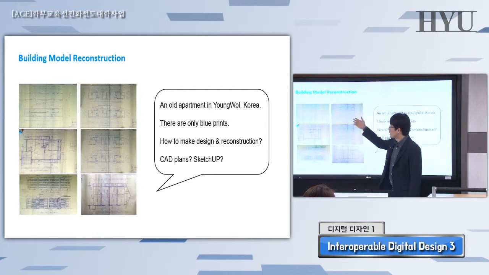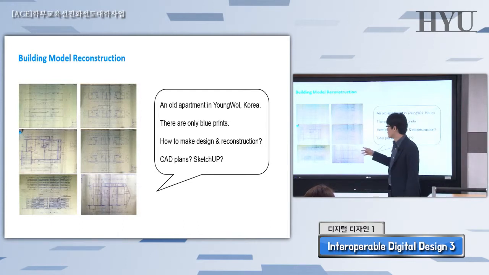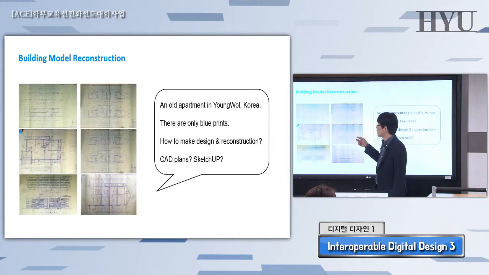Someone drew them by hand 30, 40 years ago for this apartment building's design and construction. And I took this picture at Yeongwol City Hall. Someone showed me, and I took this picture using my iPhone.